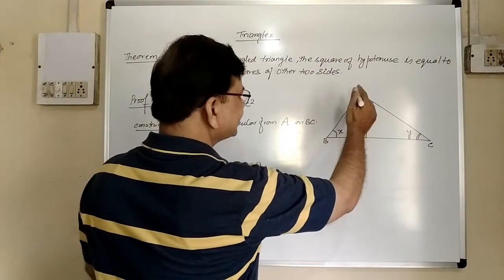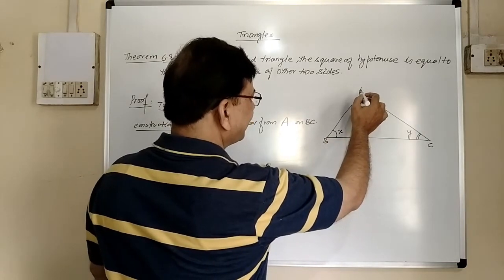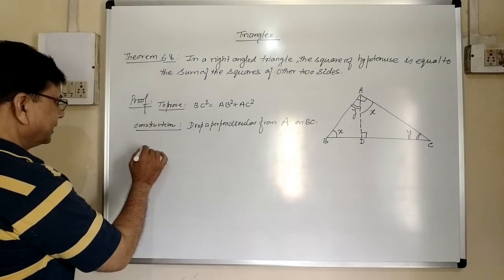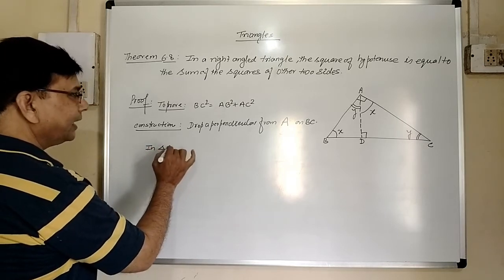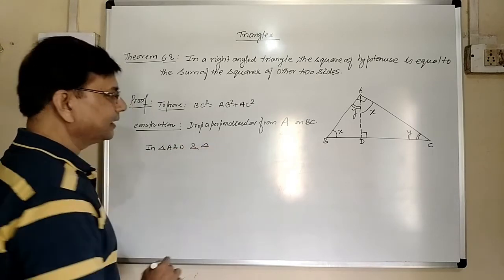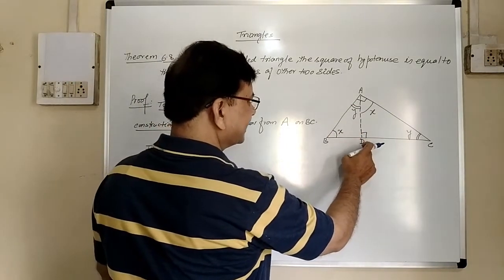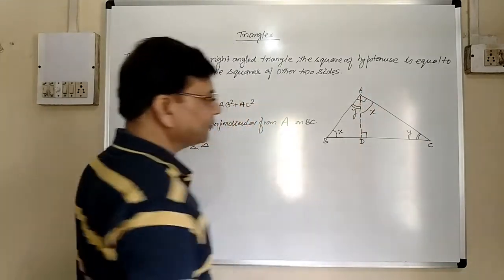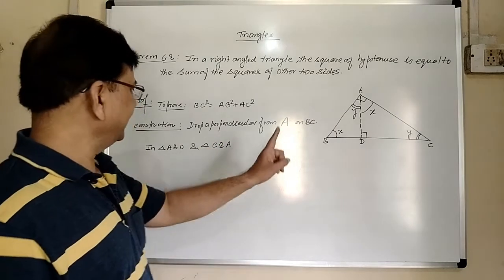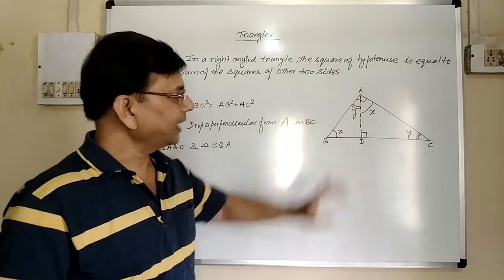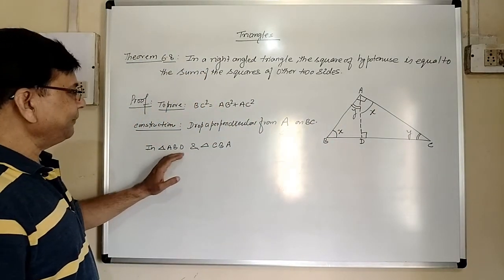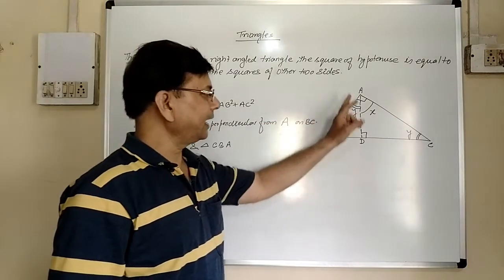We will take the triangles ABD and ABC. In triangle ABD and triangle CBA, corresponding vertices, I have taken ABD, this small triangle, and the big triangle CBA.